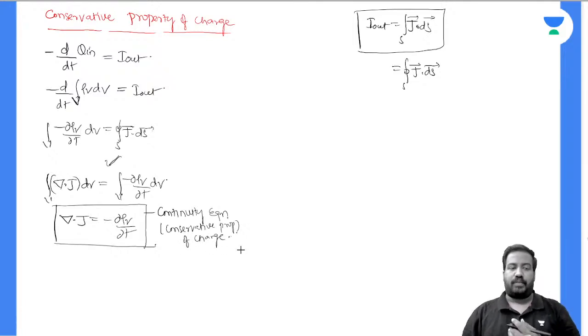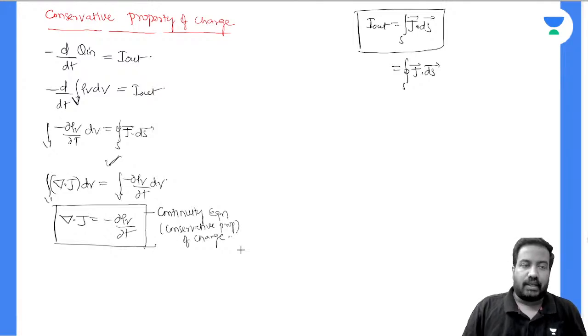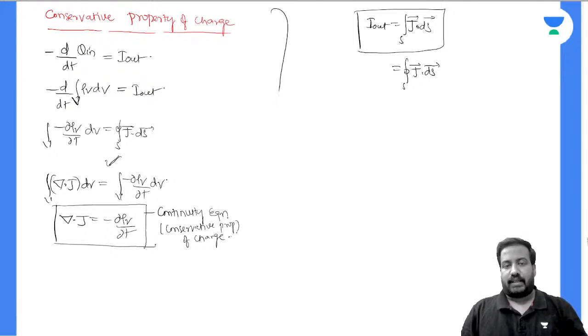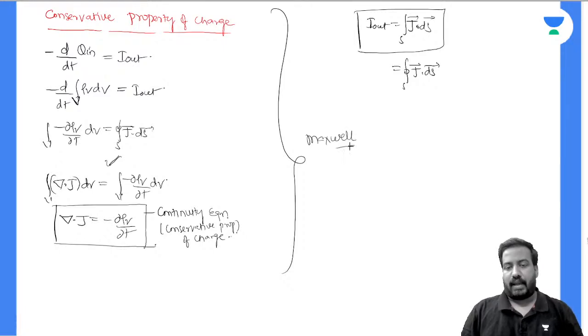So from the conservative property of charge, del dot J is equal to minus dou rho v by dou t, which is a natural phenomenon, because it states that the rate of decrease of charge within a closed volume is equal to net outgoing current, which is absolutely true. This is the main fundamental thing Maxwell has used to prove that Ampere is inconsistent. So this equation plays a very important role.